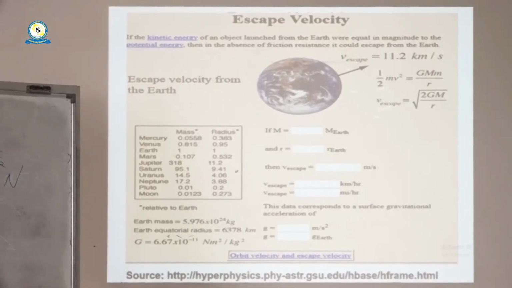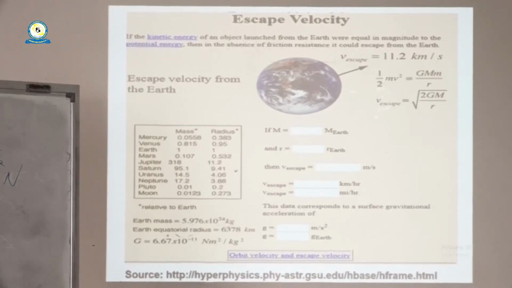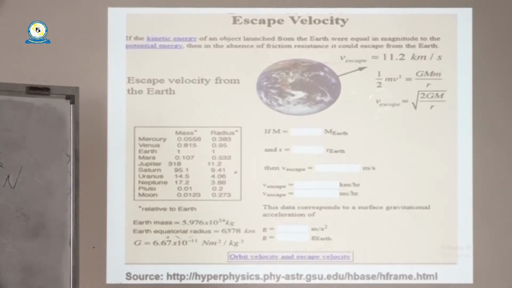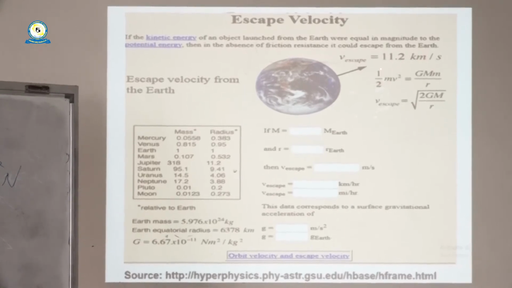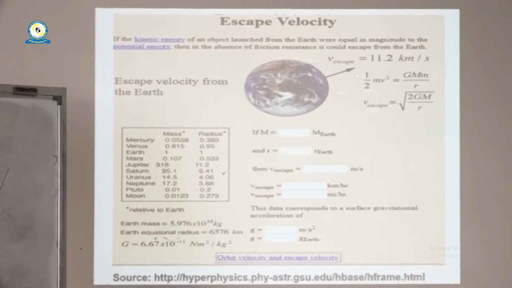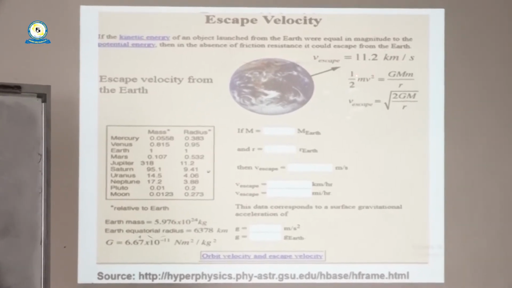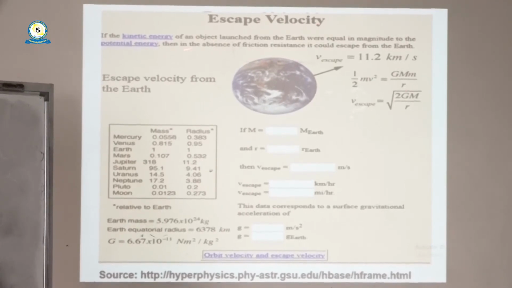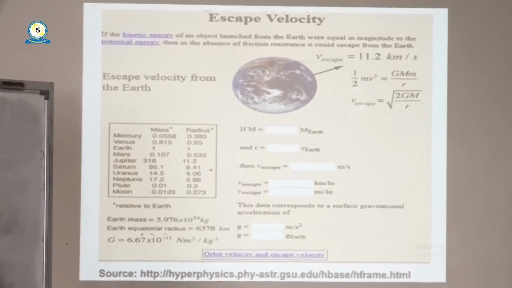If the kinetic energy of an object launched from the Earth were equal in magnitude to the potential energy, then in the absence of friction resistance, it could escape from the Earth. Here we calculate the escape velocity. This one is the escape velocity. This one is kinetic energy, and this one is potential energy.